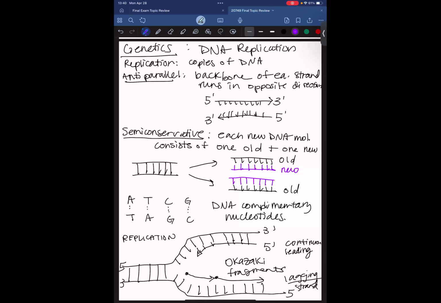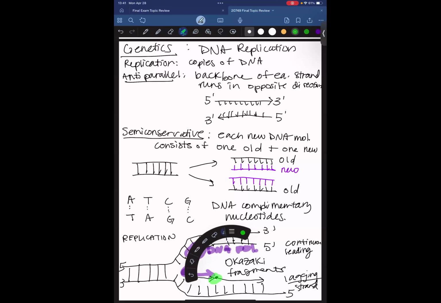All righty, so DNA polymerase is the enzyme that's going to be making all of this happen. So this is DNA polymerase, and it always operates in the 5' to 3' direction. And then whenever we have these Okazaki fragments, we'll have to seal them together.